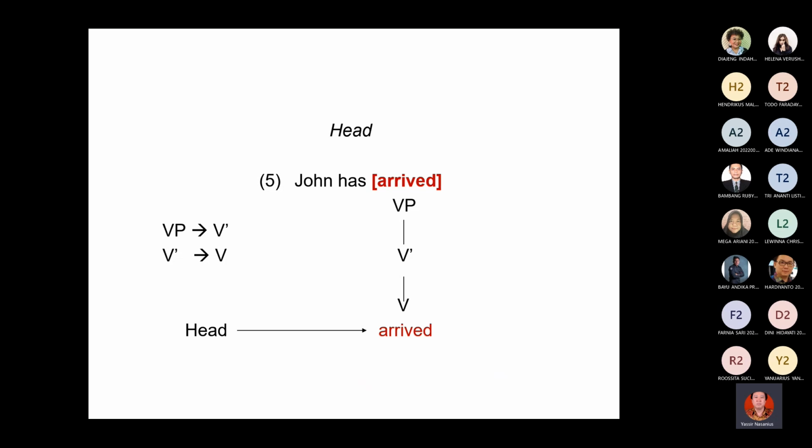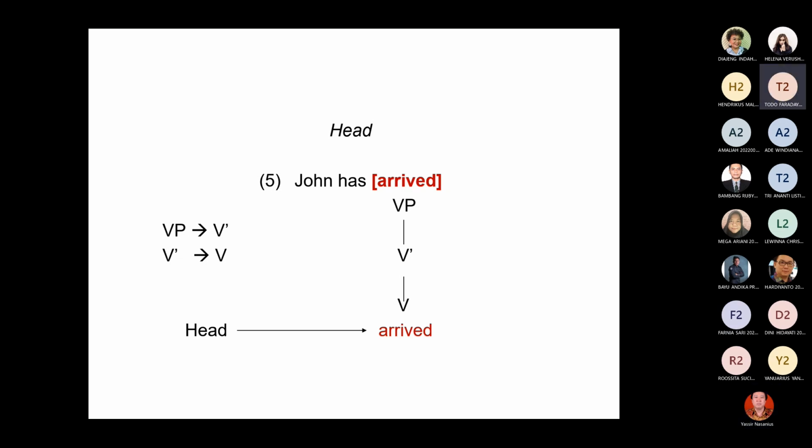Can you say something like this in English? John has arrived. Is that grammatical? Yes. So if you draw arrive with X bar, you have to draw it using 3 levels: VP, V bar, V arrive. Remember, this VP only contains the head arrive.